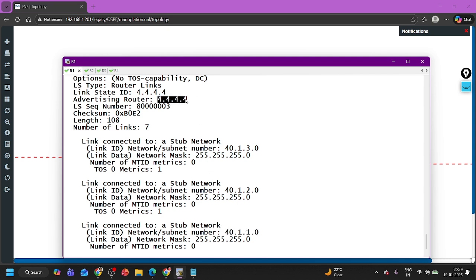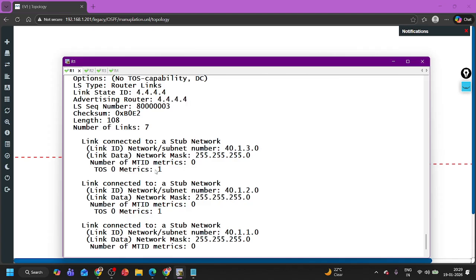Router 4, coming from router 4, because the destination networks are in the same area, so it will come in the form of LSA 1 only. And what is the metric coming?